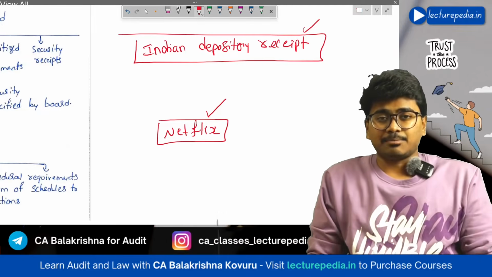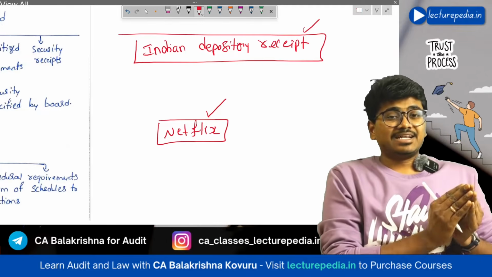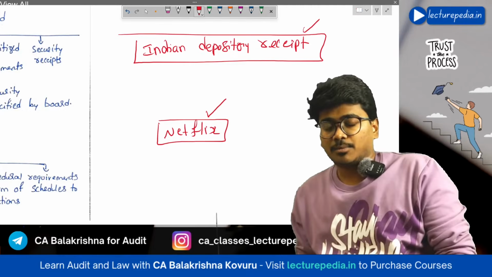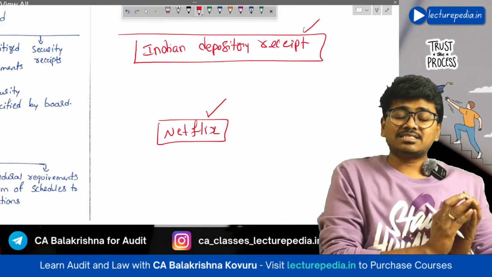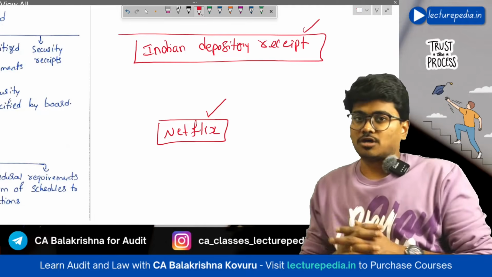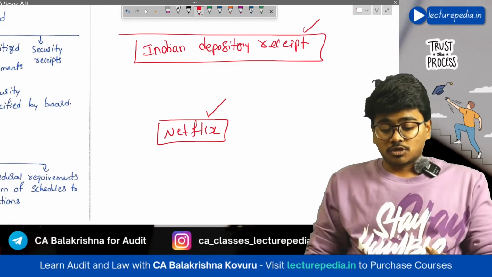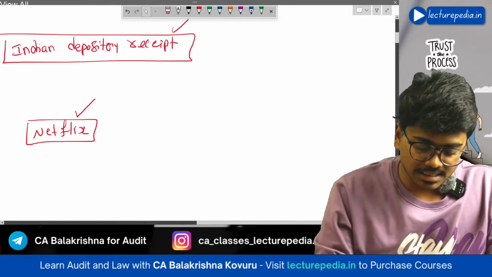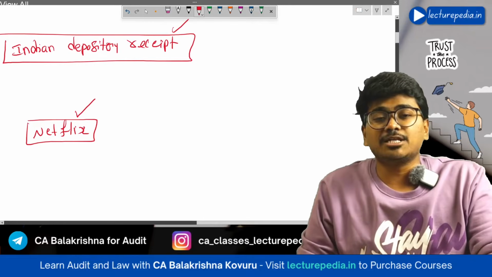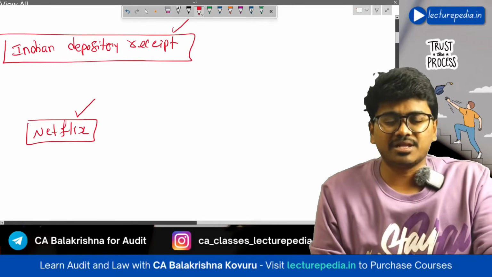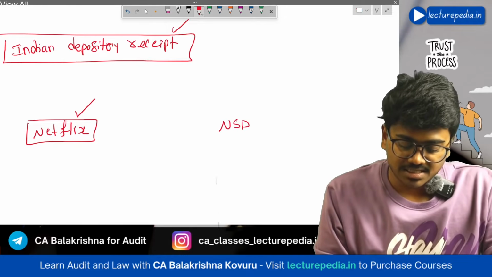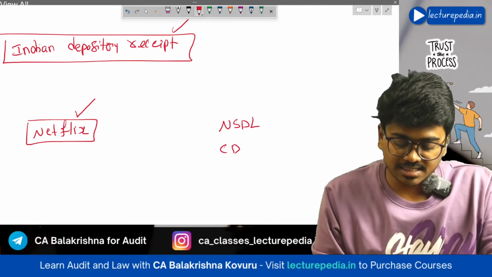Now, since this company is a foreign company, it cannot directly issue its shares to the Indian public, or it cannot directly list its shares on the Indian stock market. So what this Netflix will do is, in India, we have depositories, right? In the previous class itself, I explained to you. There are two depositories, NSDL, CDSL.